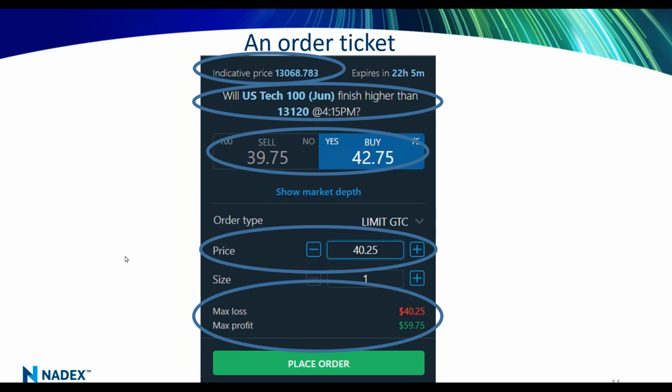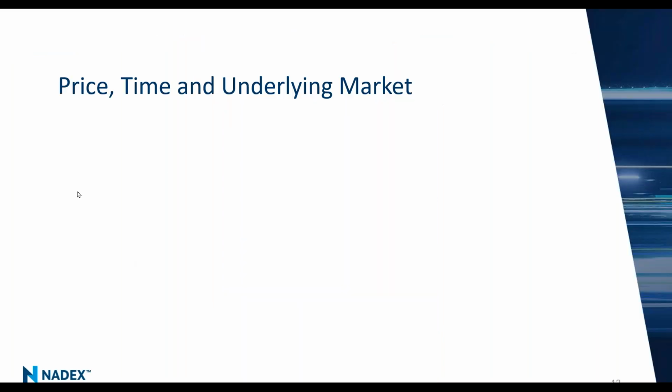Okay, let's keep moving along because we've got a lot more to cover. I see the other questions. We're going to cover those when we jump into the platform. Now, I'm not going to spend a lot of time on these examples, but I want to share with you how binary option prices change over time, given time and given volatility.